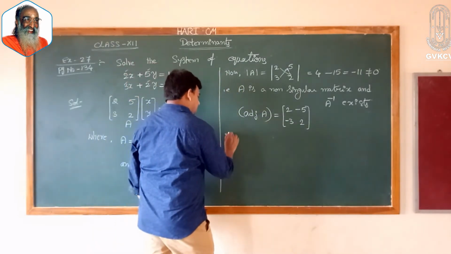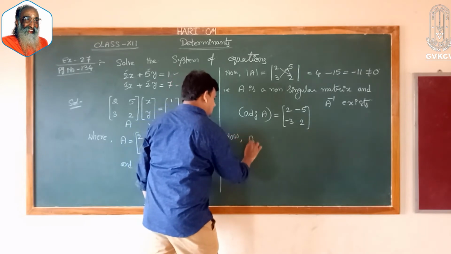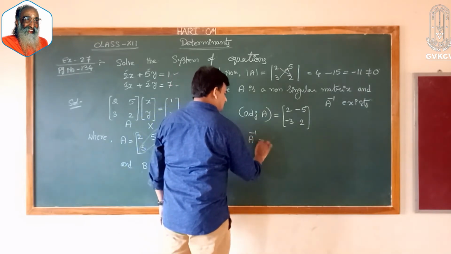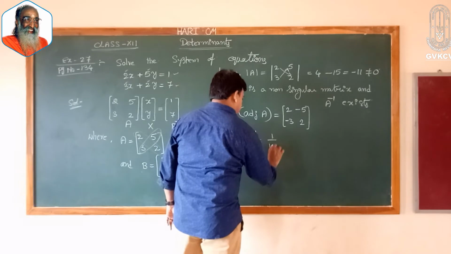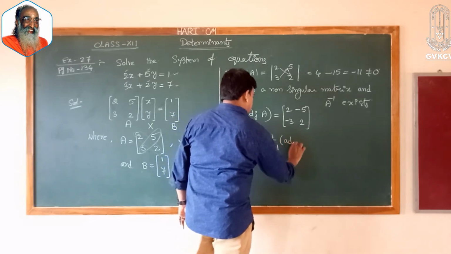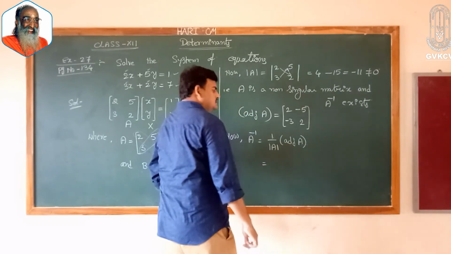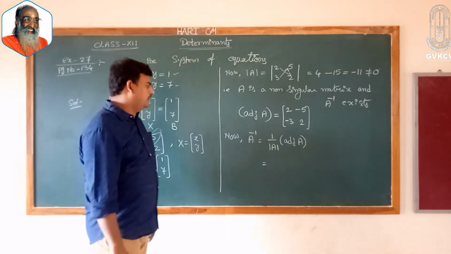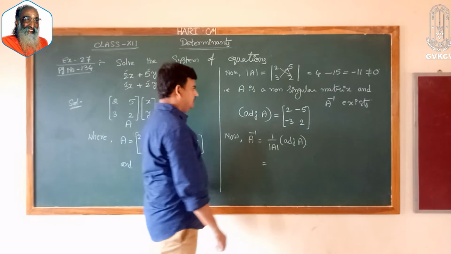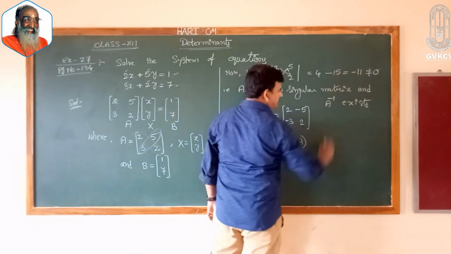This is about the adjoint of a matrix. Now we need to find A inverse. A inverse is equal to 1 by det A into adjoint of A. Det A, how much do we have? -11.